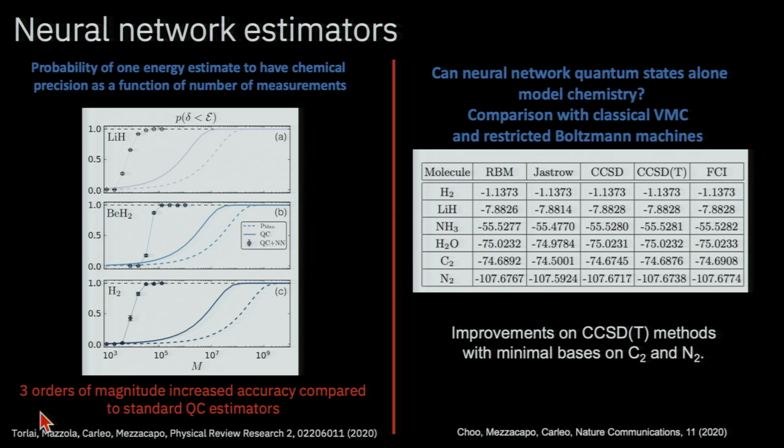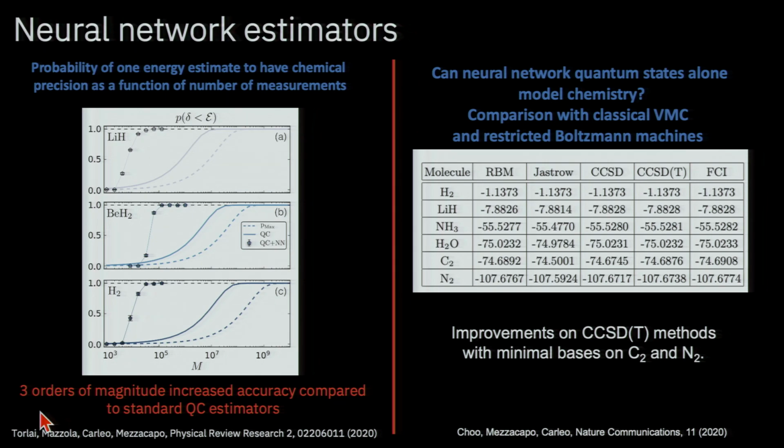So we did some numerical calculations, trying to estimate the power of these classical ansätze in capturing ground states of molecular systems, and in this other work we found that they were pretty good, and for some molecules we even observed improvements on the existing classical methods.